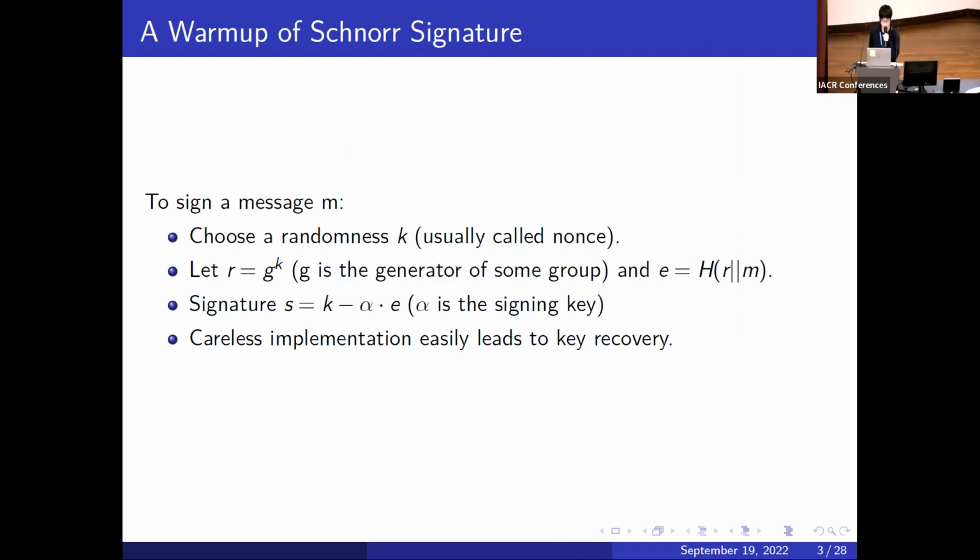So the signature equals K minus alpha times E, where alpha is the secret signing key. For Schnorr signatures, a careless implementation easily leads to key recovery.